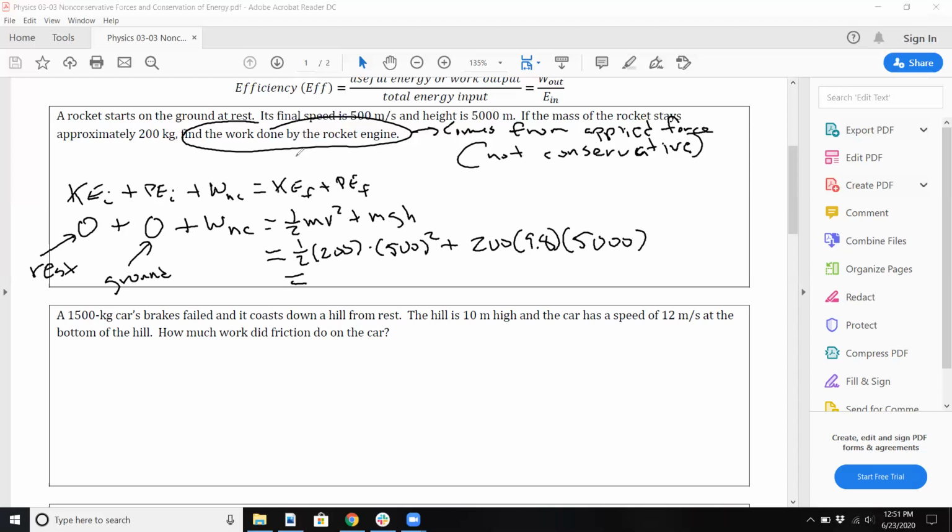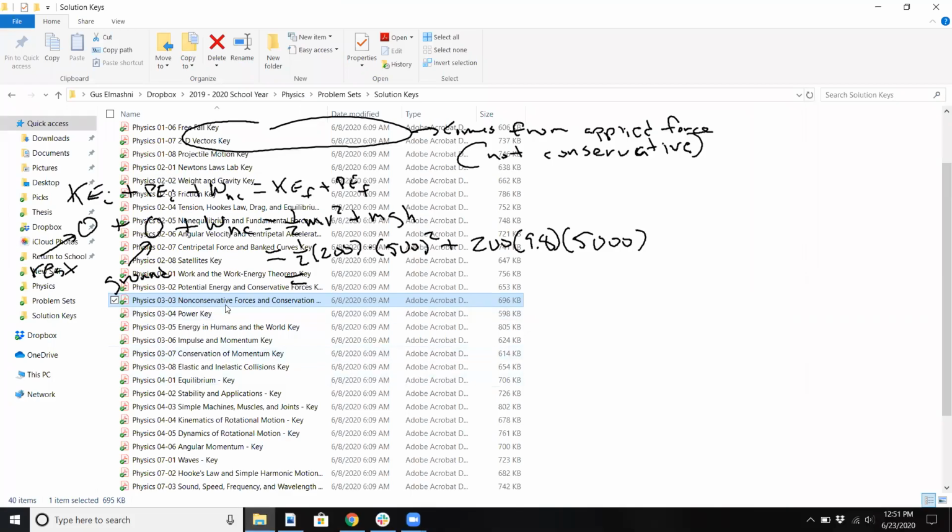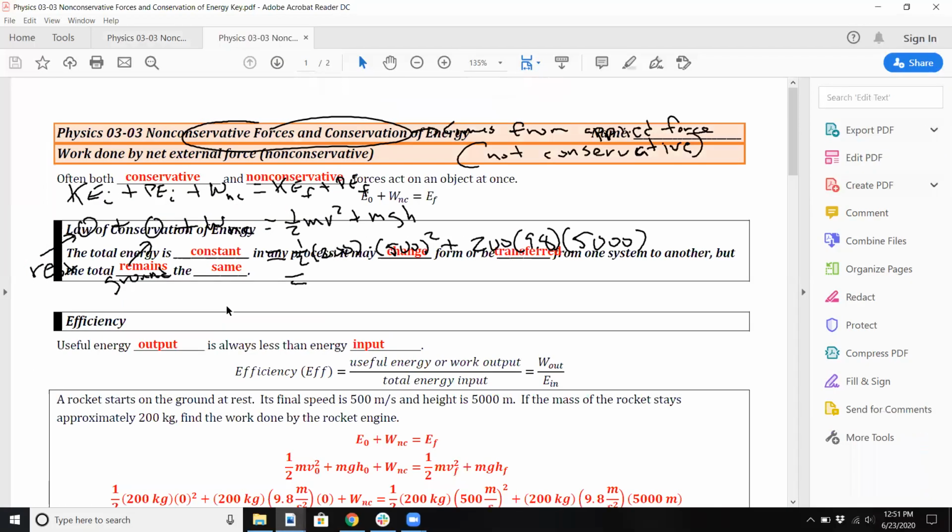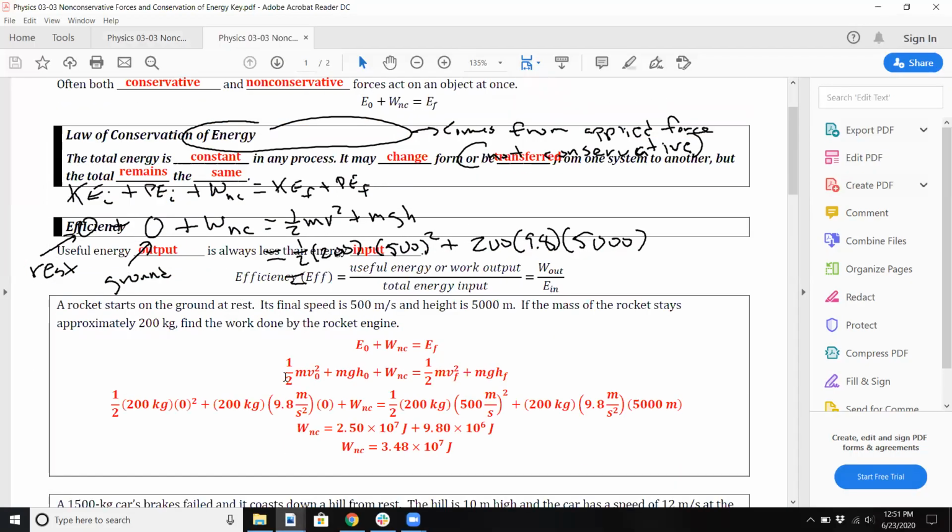And actually, let me pull up the answer key just to save time so I don't have to punch this in the calculator. Yeah, you can see it's exactly what they're doing here. 0 for the height, 0 for the velocity, and you work all that out, and you should get 34,800,000, I think.